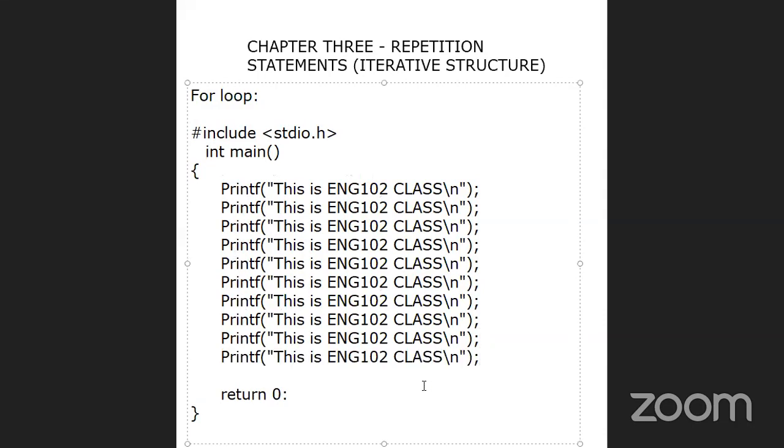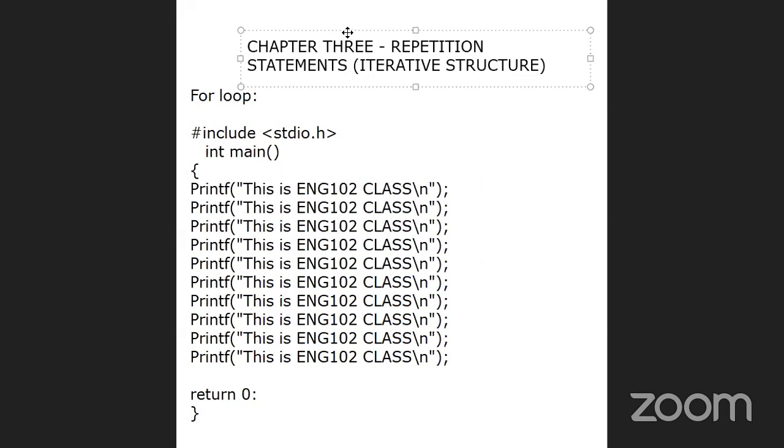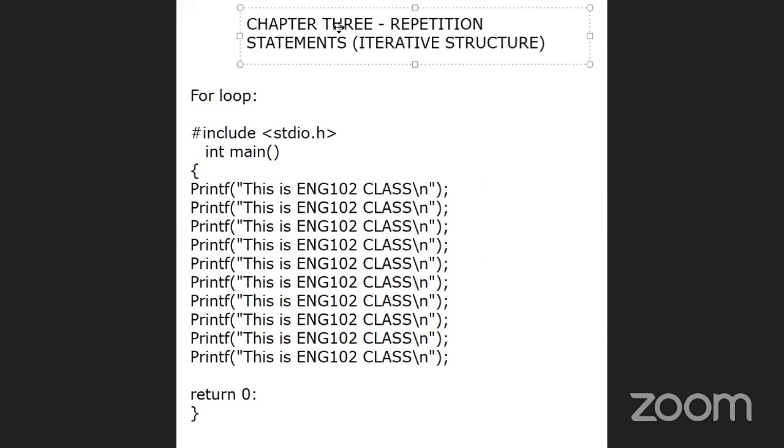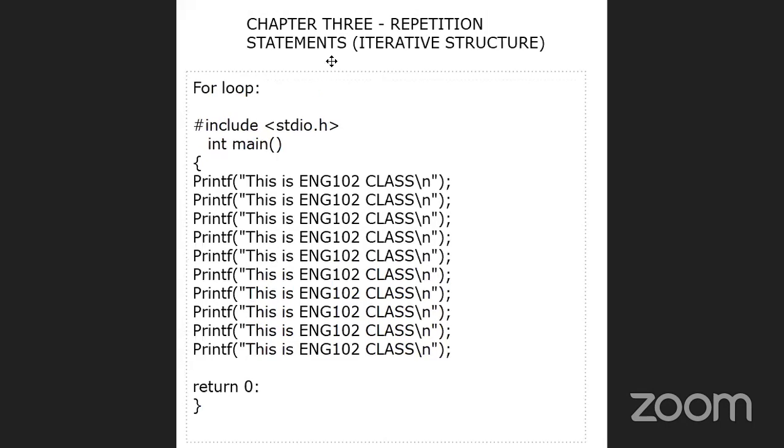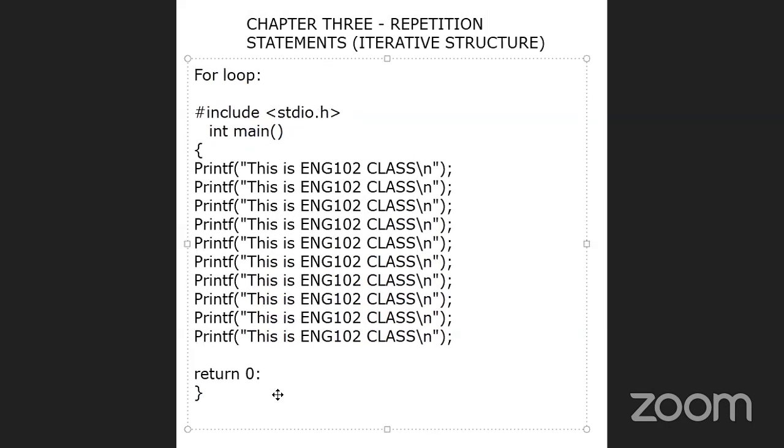So that should be 10 there. This is how you can have it without using the repetitive statement or the for loop. If you're not going to use the for loop, this is how your program is going to appear.